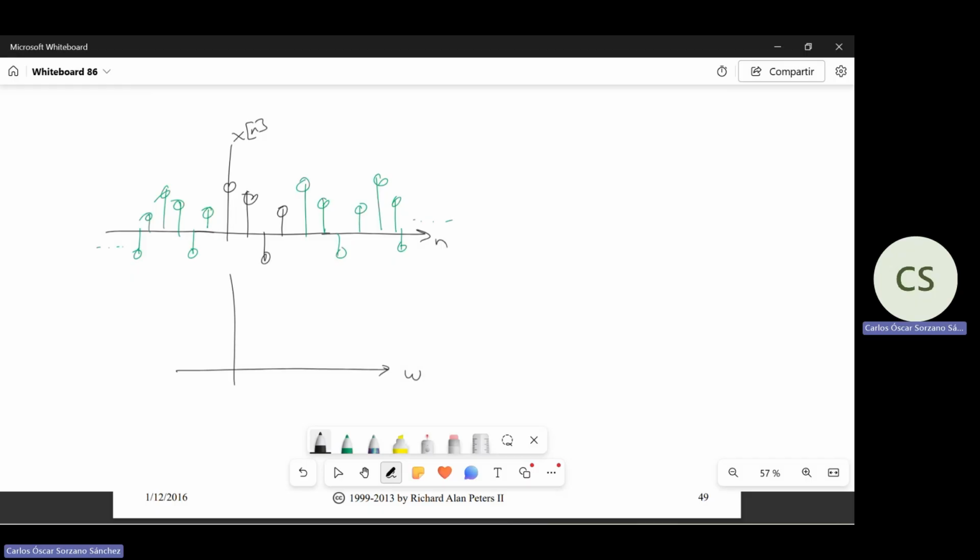Let's put it in omega. It is a discrete one, like this. This is the one that you know, that goes from minus pi to pi, and then it repeats every 2 pi.